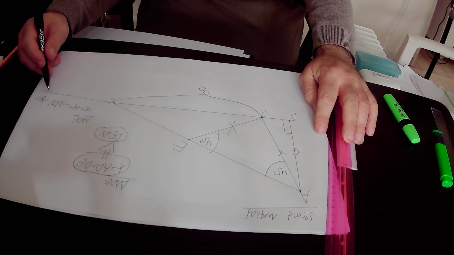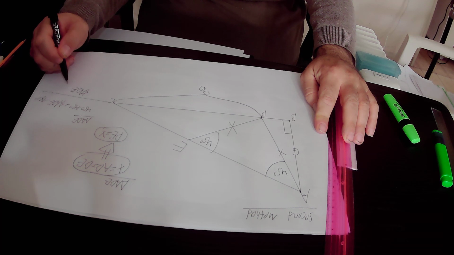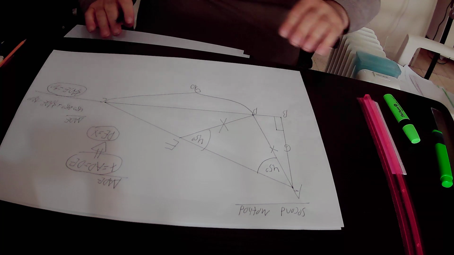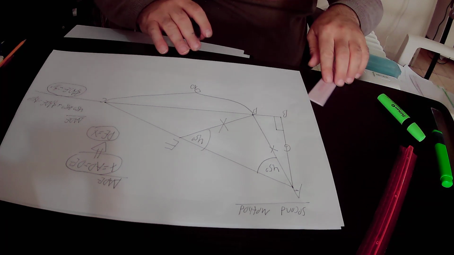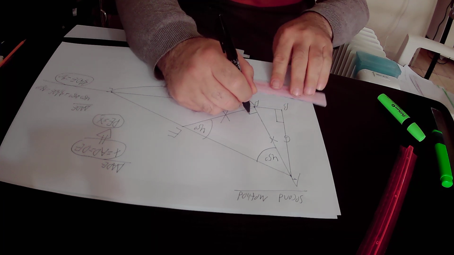We subtract 90 degrees, and we write that angle ADE equals 180 degrees minus 90 degrees, which is 90 degrees. So we found out that the missing angle ADE is the right angle, equal to 90 degrees.